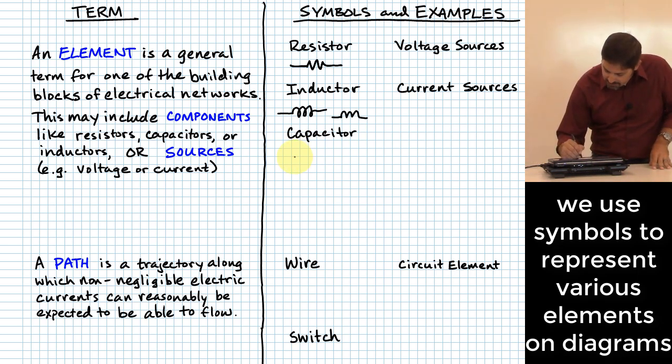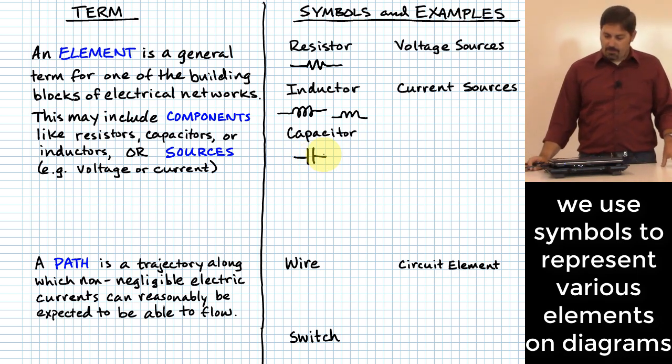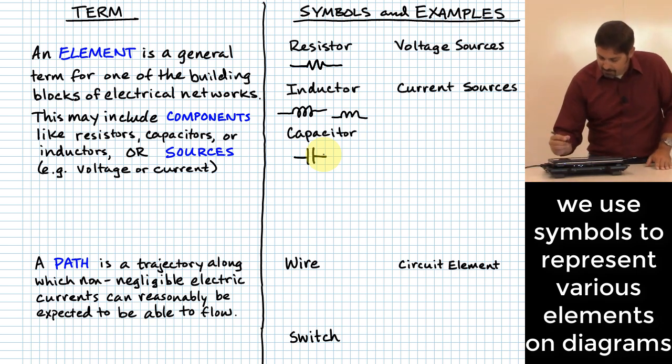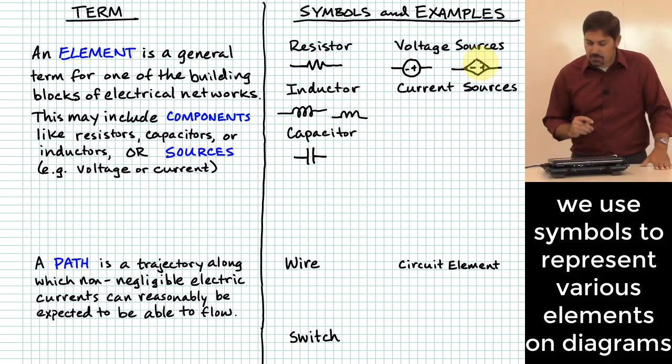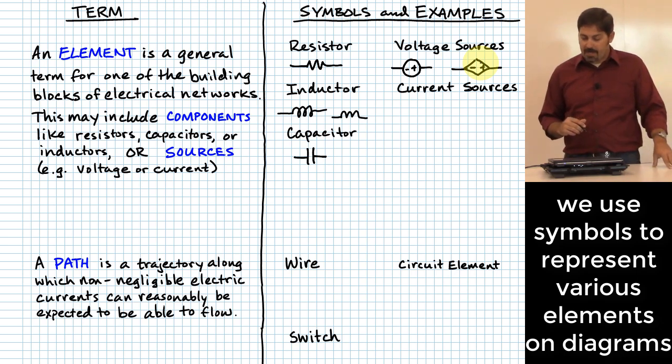A capacitor typically involves having two parallel lines with a couple of terminals that come off of it like that. We're going to talk about a few different kinds of sources. The two symbols that we typically see for sources usually involve either a circle with a couple of terminals coming off of it, or a little diamond shape with a couple of terminals coming off of it. For voltage sources, what we typically do is show the voltage polarity of those with a little plus or minus.